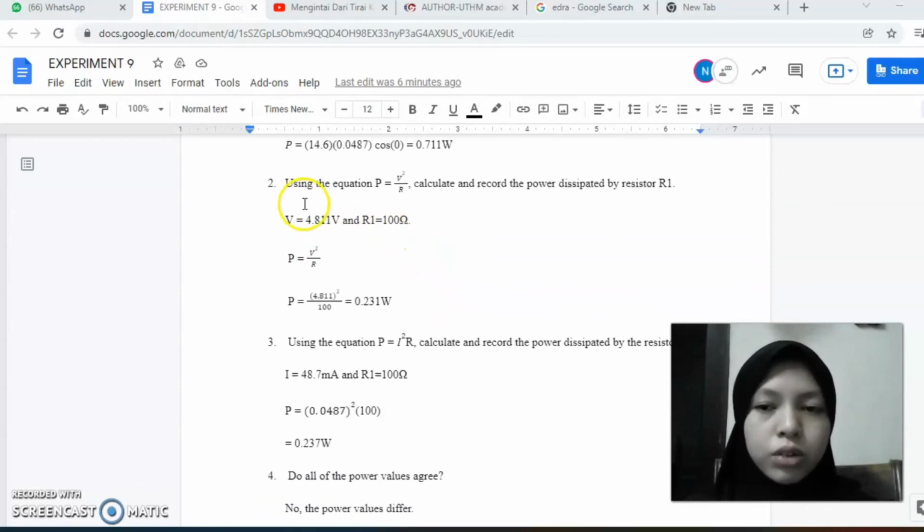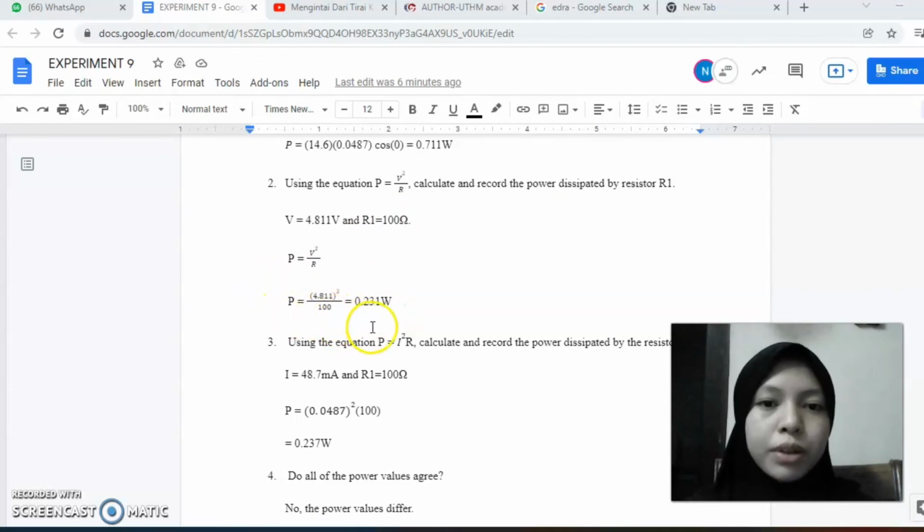For the second question, using the equation P equals V squared over R, because we have to record the power dissipated by resistor R1. The voltage is 4.811 volt and R1 is 100 ohm. The value we got is 0.231 watt.